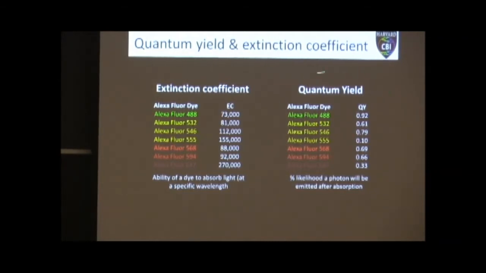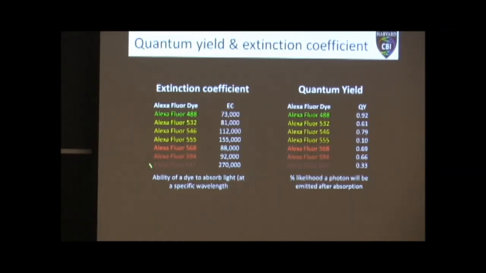Okay? Each dye also has a quantum yield. And now the quantum yield is the likelihood that a fluorescent dye is going to release a photon if it absorbs a photon. Okay? So not every photon that gets absorbed gets released as another photon. There's other ways to get rid of that energy. So the quantum yield just tells you the likelihood that an absorbed photon is going to be emitted after absorption.